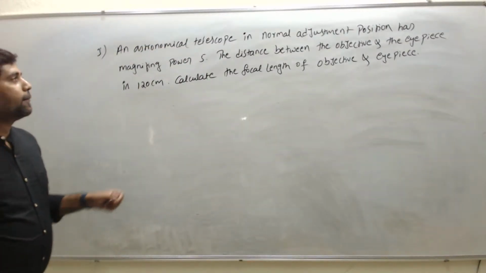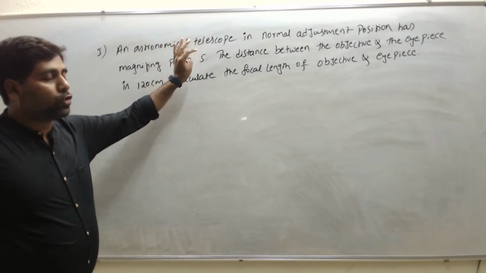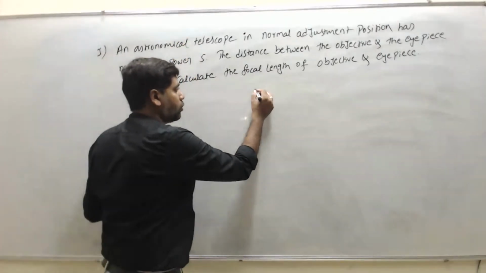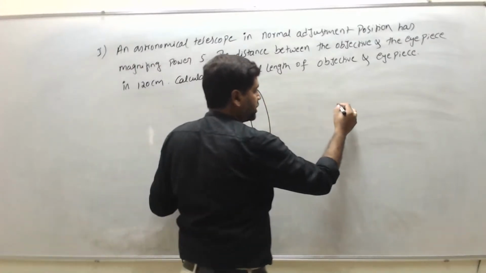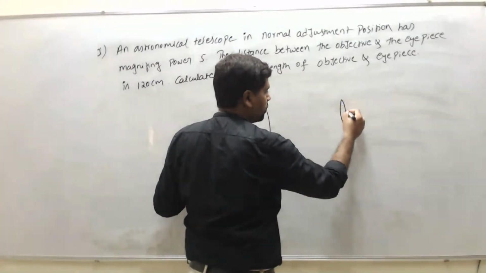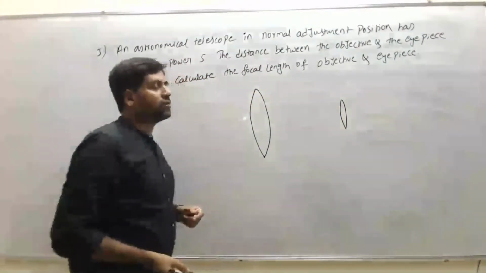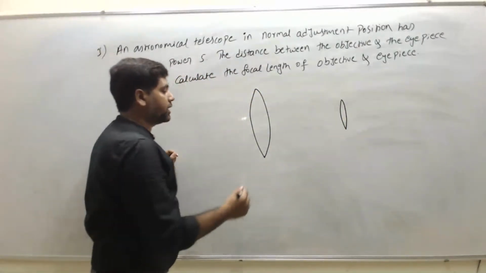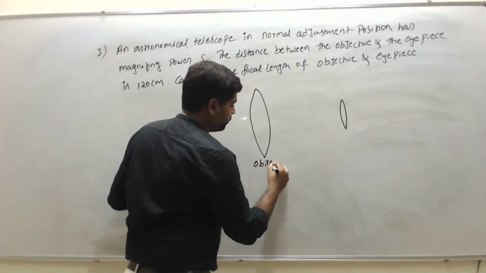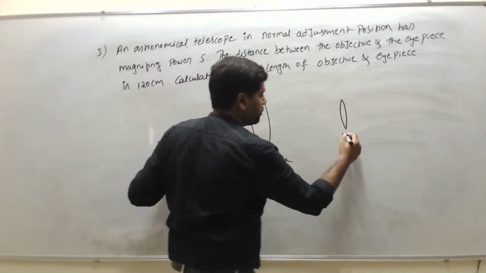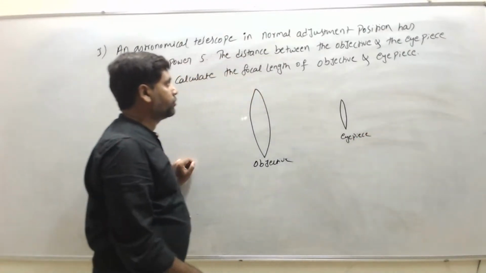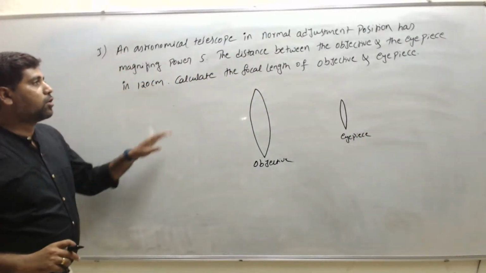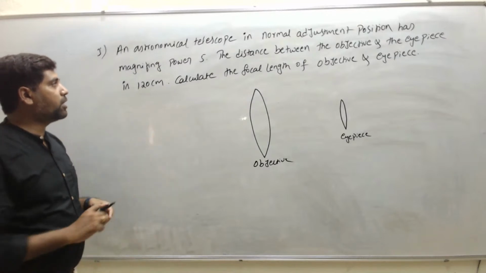So in the question they have given one astronomical telescope. For this telescope we have two lenses. One is the objective, that is placed near the object, and another one is the eyepiece, that is placed near the eye. So this one is the objective and this one is the eyepiece. Next, they have given that for normal adjustment the magnifying power is 5.